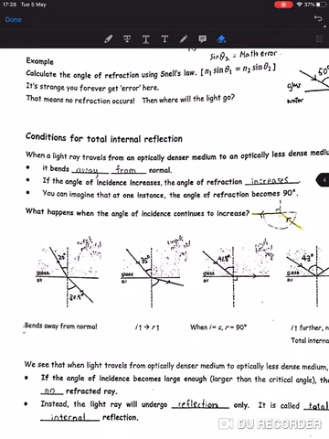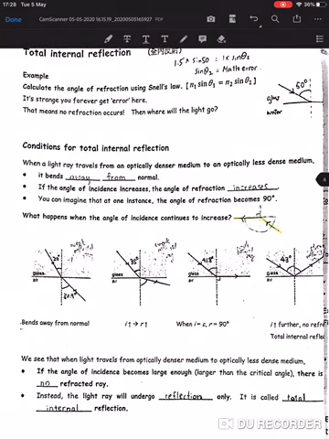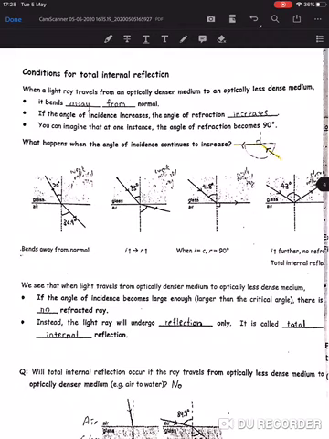Now in here, let's take a look at the conditions for total internal reflection. When a light beam travels from an optically denser medium to an optically less dense material, that means it wants to bend away from the normal. Okay, so we have covered that in our 2 lessons already.